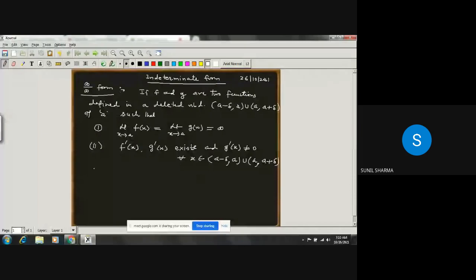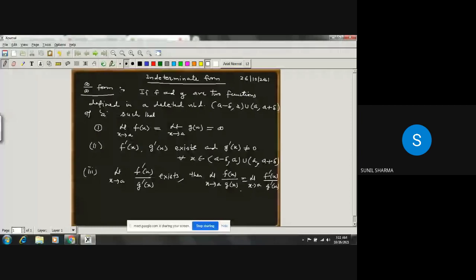Now third point, limit x goes to a f dash x upon g dash x exists, then we can say limit x goes to a f of x upon g of x is equal to limit x goes to a f dash x upon g dash x.